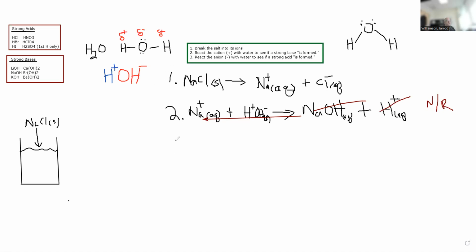So let's see what happens for the third one. We've got Cl minus, aqueous, plus H plus, OH minus, aqueous. The Cl minus will be attracted to the H plus because they're opposite charged. We'll try to make HCl. Oh, by the way, dumb mistake here.